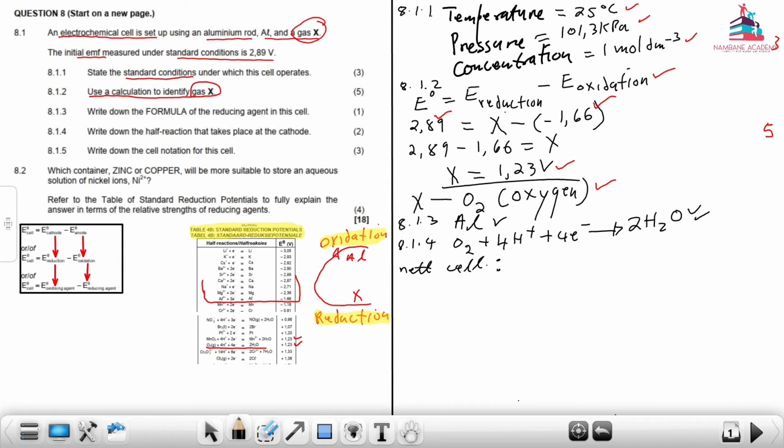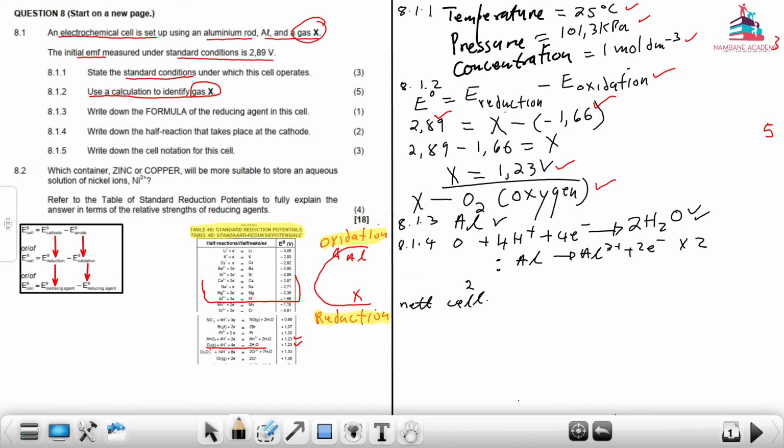So the aluminium half cell is just aluminium giving us aluminium 3 plus and 3 electrons. I must just multiply everything so that the electrons can balance. So the net cell will be something like, let's move this a little bit lower.